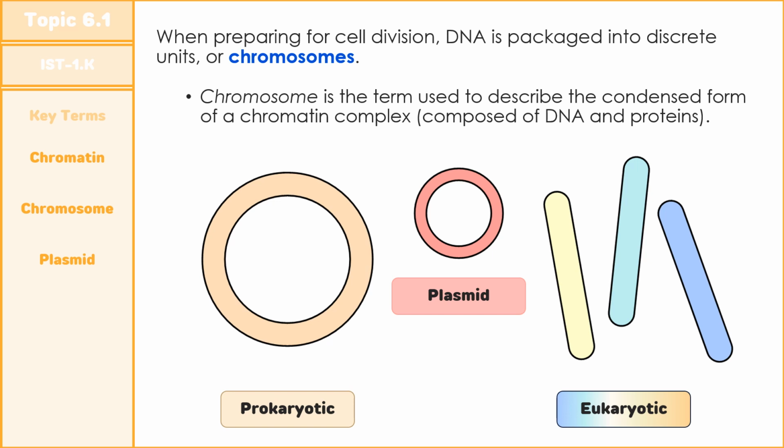And eukaryotic cells can have plasmids too. You can insert plasmids into a cell and you can cause the expression of certain genes that are encoded within that plasmid. Very useful for biotechnology.